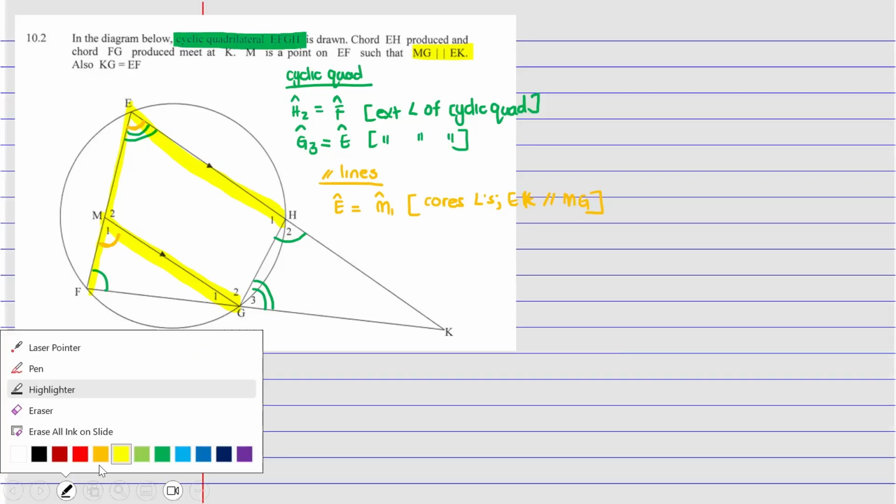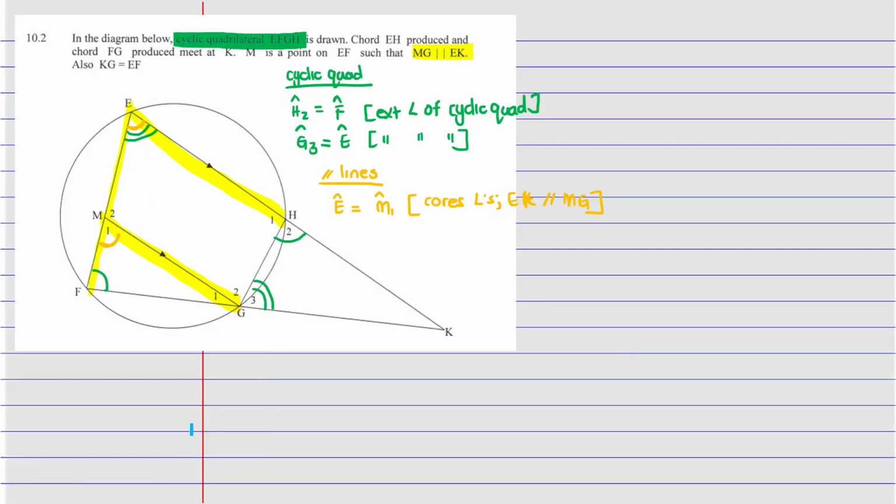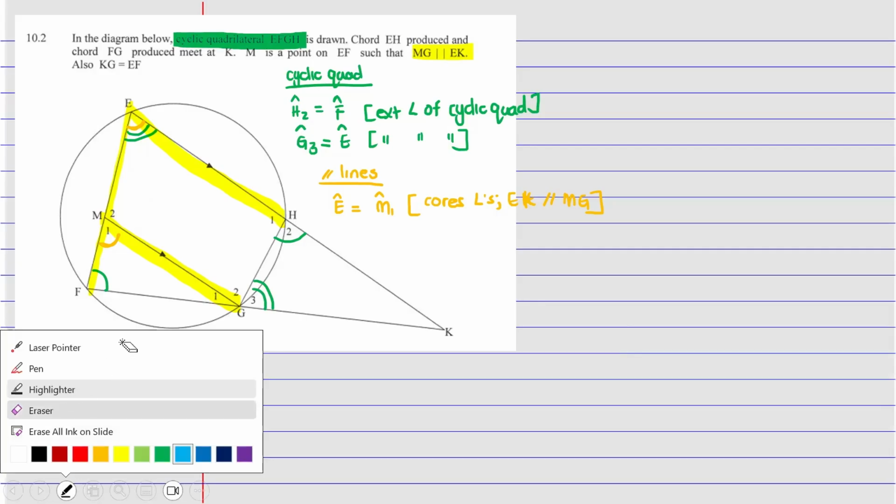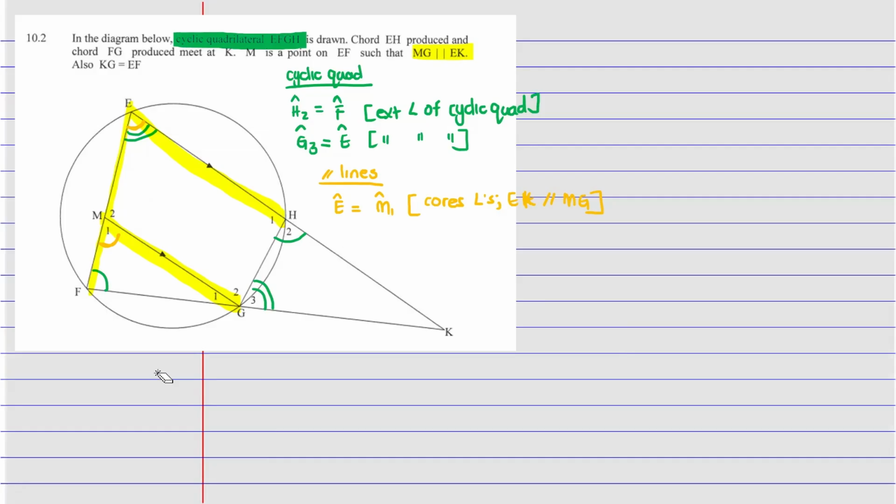May I ask? Yes, listening. So we only use criteria when there are variables?